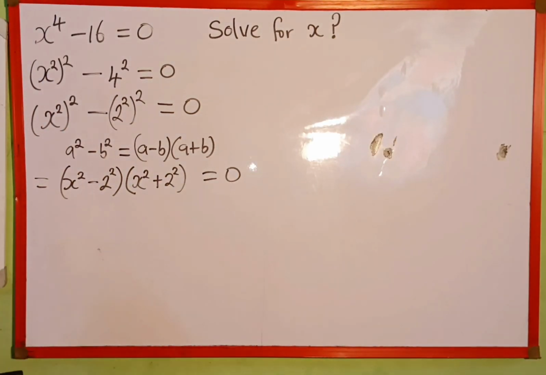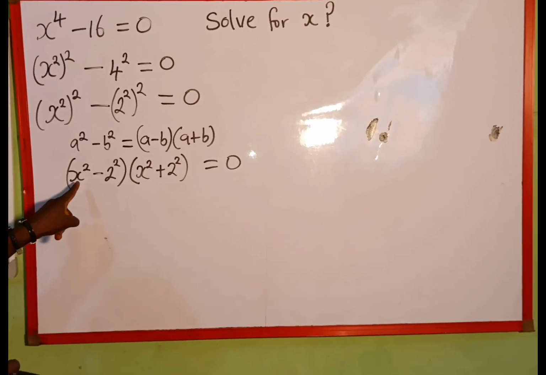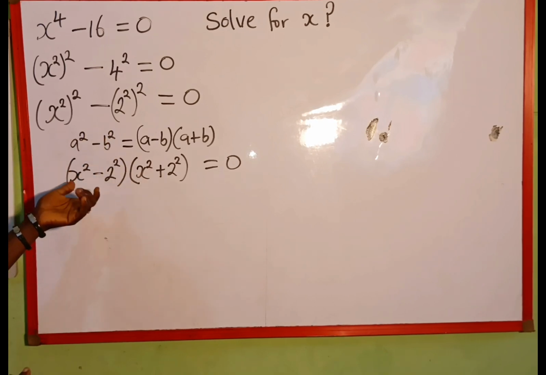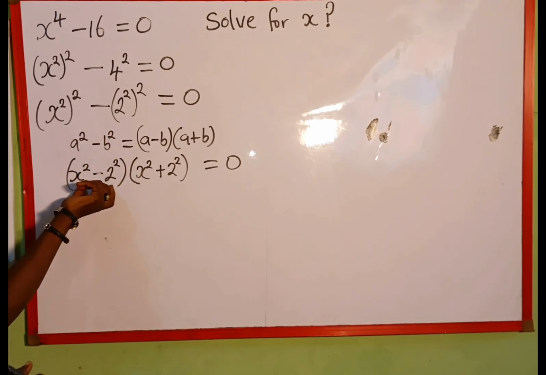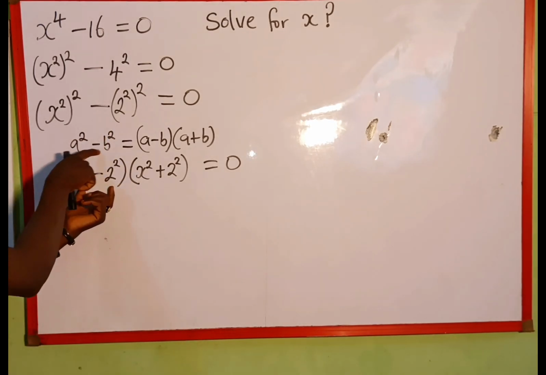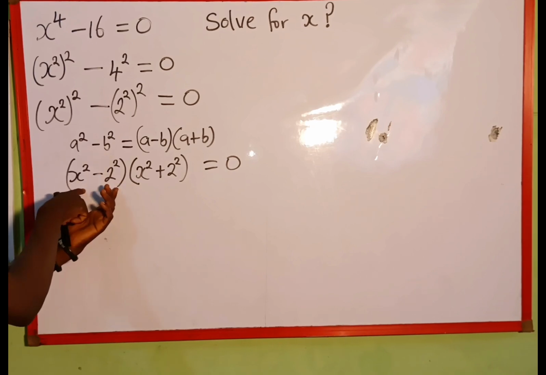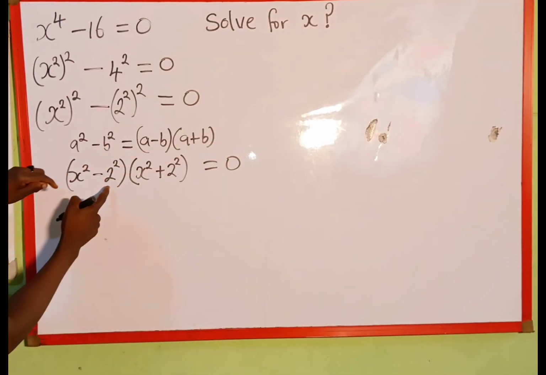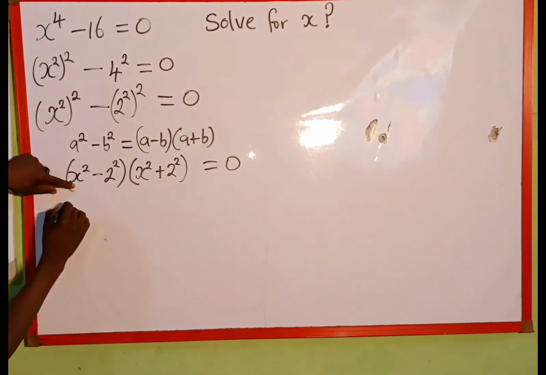So if you look at the left hand side of this equation, what do you notice? X to the power of 2 minus 2 to the power of 2. We have another difference of two squares inside this bracket, because look at this identity, it is equivalent to this, so we can simplify this in the form of this. So the whole of this bracket can also be written as what?